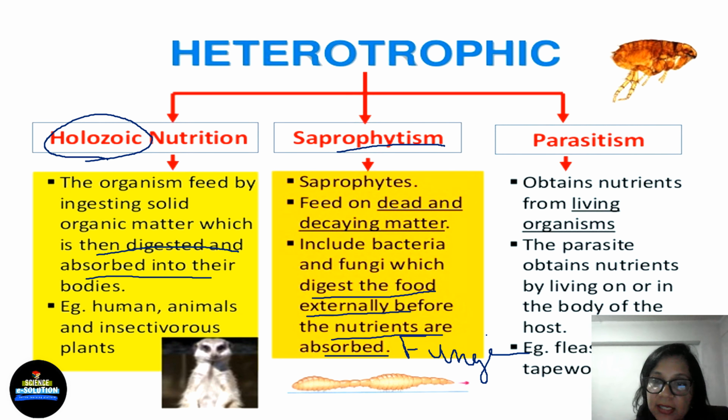The final one is parasitism. In parasitism, they derive nutrition from other plants or other organisms. That means they directly absorb the digested nutrients of other organisms without killing them. They do not kill. If the organism is killing and taking in the whole food, it comes into the category of holozoic.